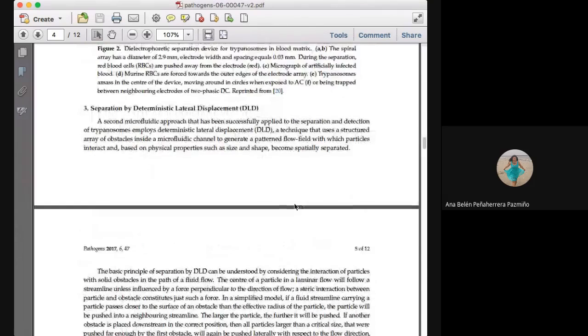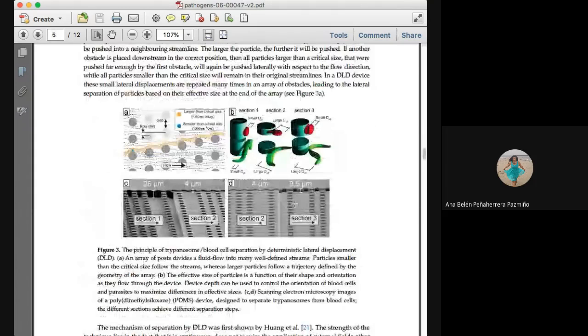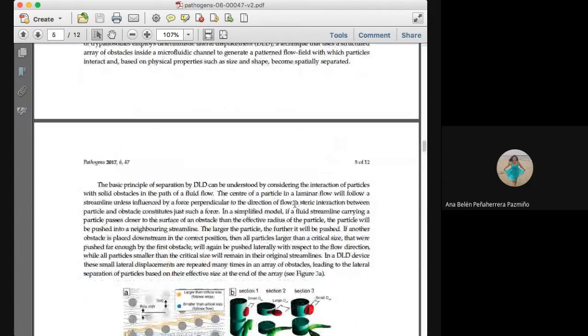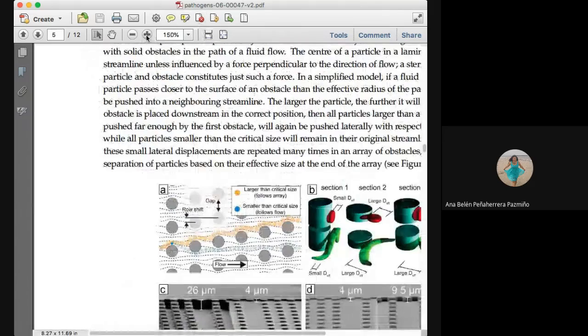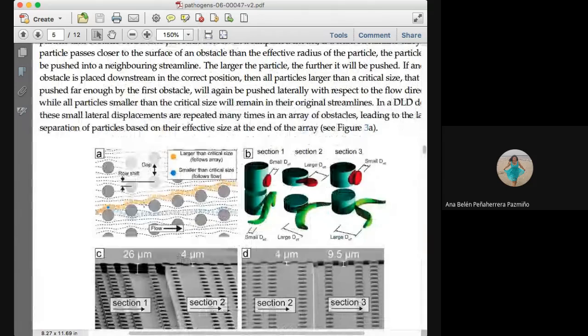Then there is another technique called DLD, a principle of separation according to the flow. I'm going to show you. This is the principle of the microfluidics. When we have a flow and these structures, the erythrocytes or red blood cells go in the direction of the flow, but the parasite, which is quite bigger, follows this direction.